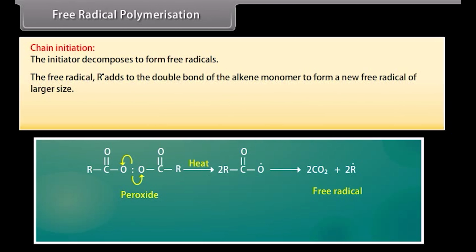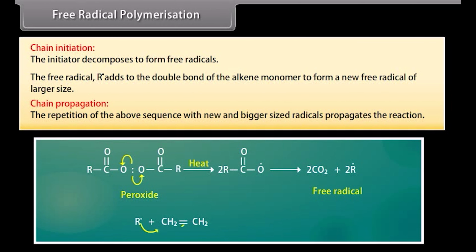The free radical R• adds to the double bond of the alkene monomer to form a new free radical of larger size. Chain propagation. The repetition of the above sequence with new and bigger sized radicals propagates the reaction.